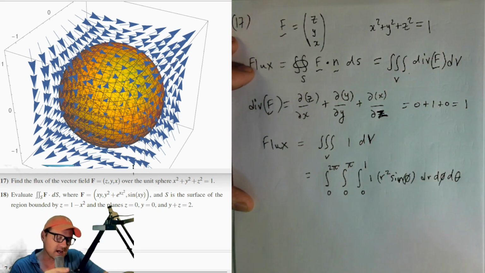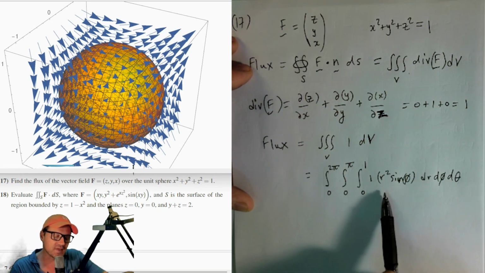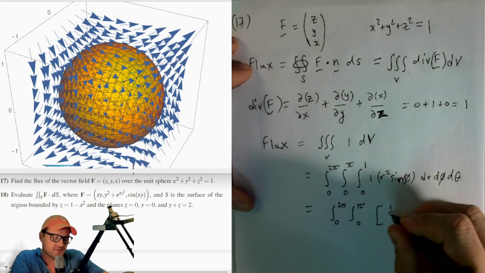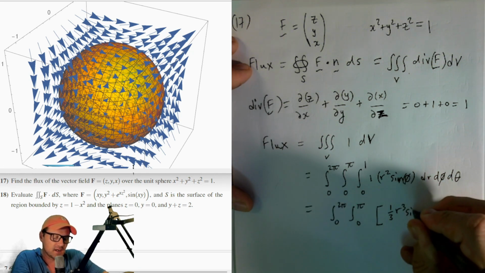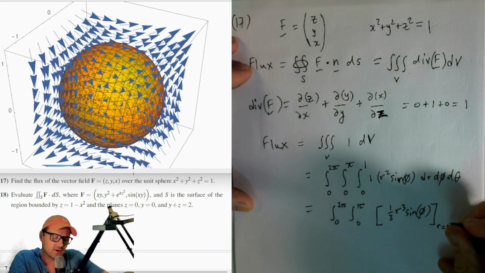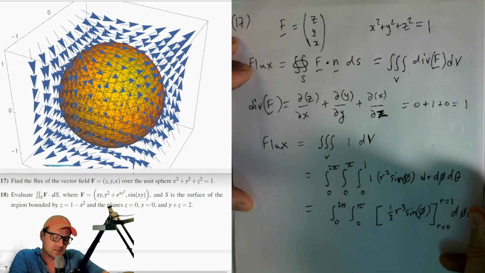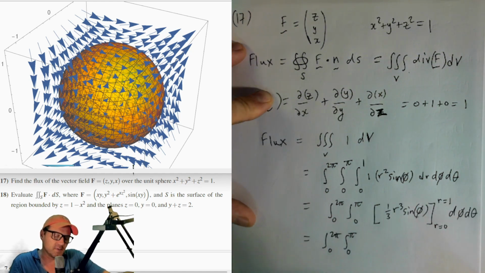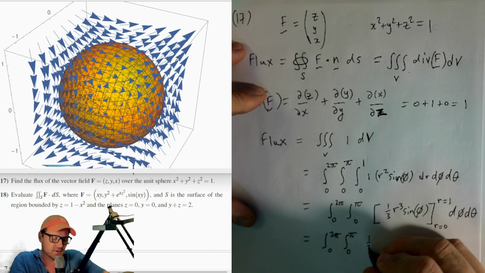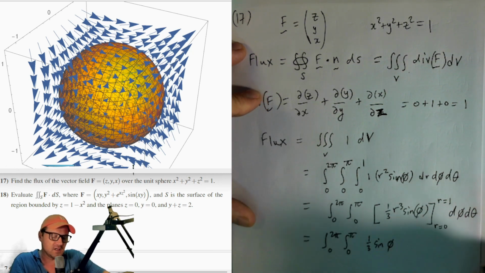Okay, so let's calculate this now. So integrating with respect to r, we have 1/3 r cubed sine of phi, r equals 0 to r equals 1, and then that's d phi d theta. Okay, subbing in r is 1, we have 1/3 sine of phi. Subbing in r is 0, we just subtract 0.